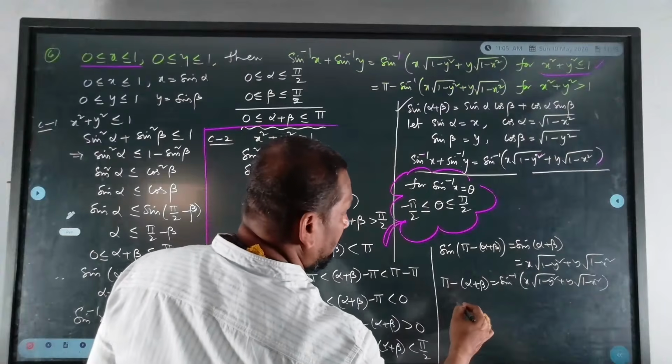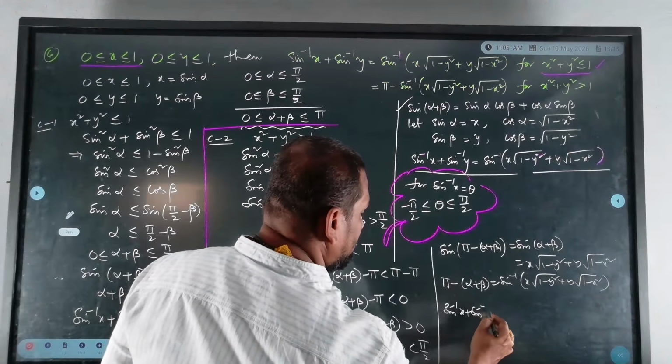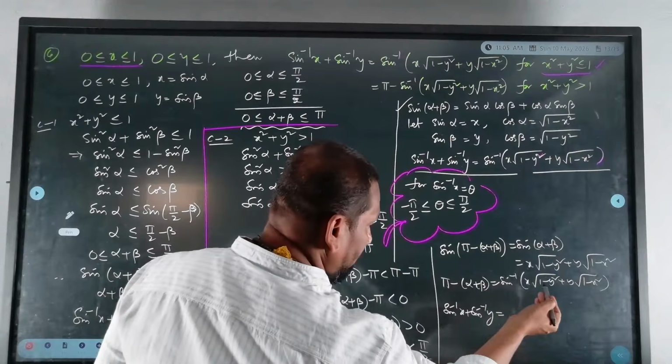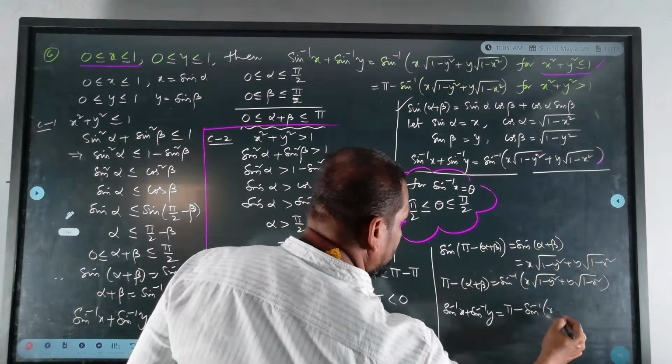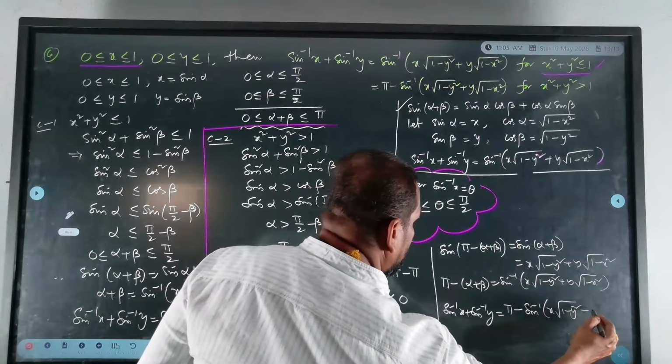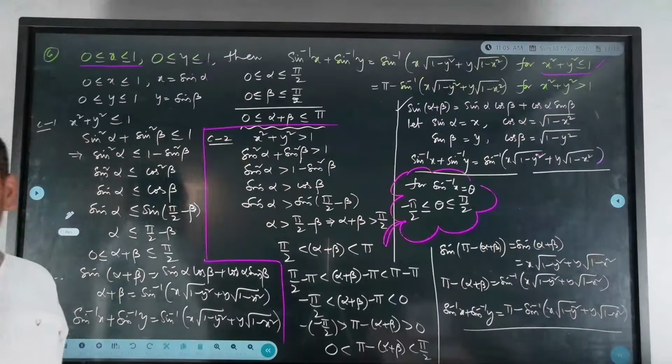So alpha plus beta, sine inverse x plus sine inverse y, is equal to pi minus sine inverse of x root 1 minus y square plus y root 1 minus x square. That is case 2.